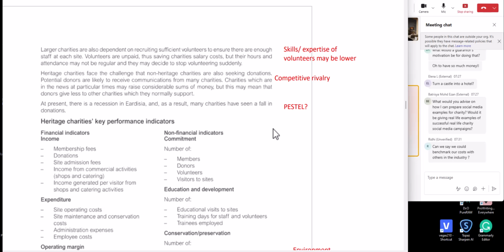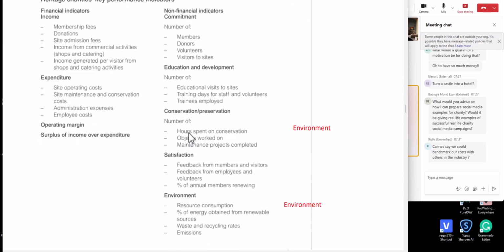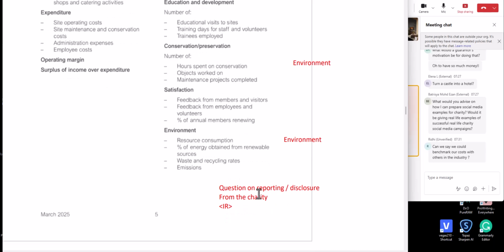So a competitive environment. KPIs, that's a bit of a shame. In previous exams, they've asked you to choose the KPIs, but they give you the KPIs here. The one thing I thought about in these KPIs was this magic word here that the examiner seems to love, questions about IR. Can anybody tell me what IR stands for?